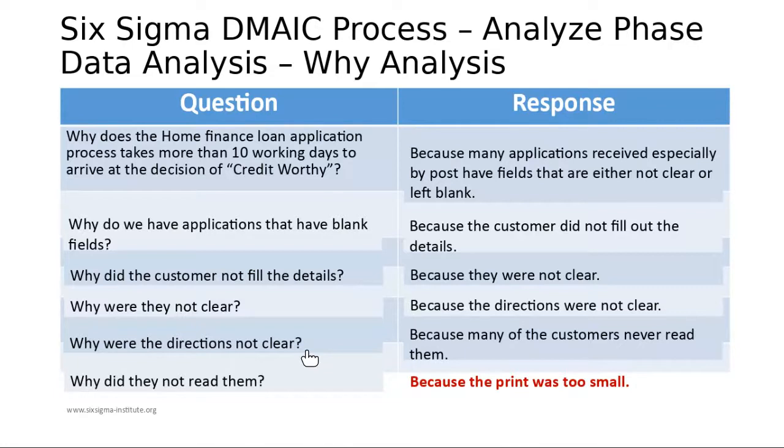Now, this is why the process was taking too long to be processed. We found out the root cause was not because of many applications and lack of human resources in the post. It was actually because the template was not written or designed in a good format, so the customers felt that they could not complete it in a way that it can be processed quickly.